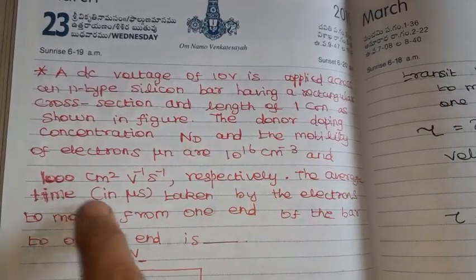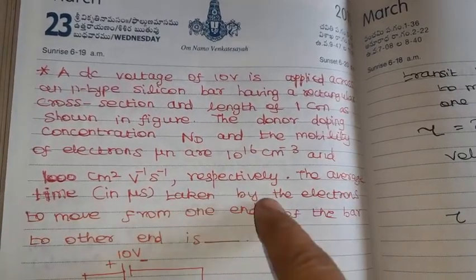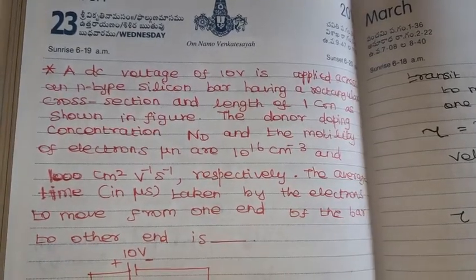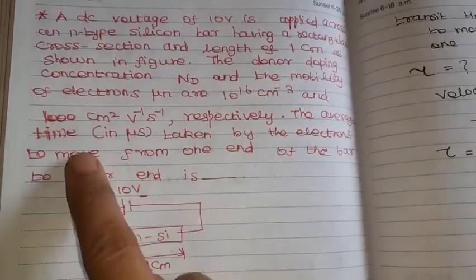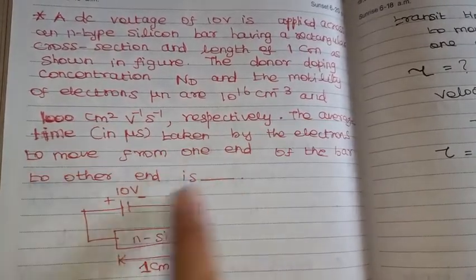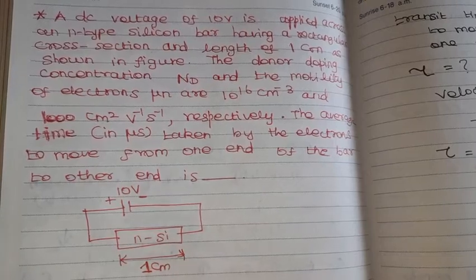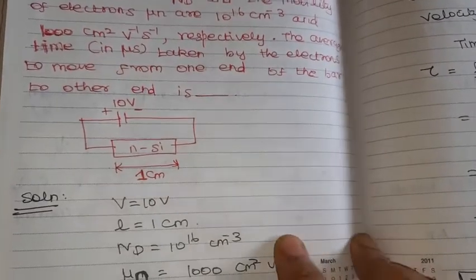The average time in microseconds taken by the electrons to move from one end of the bar to the other end is to be found. Nd is given, mu n is given, and the distance is also given.